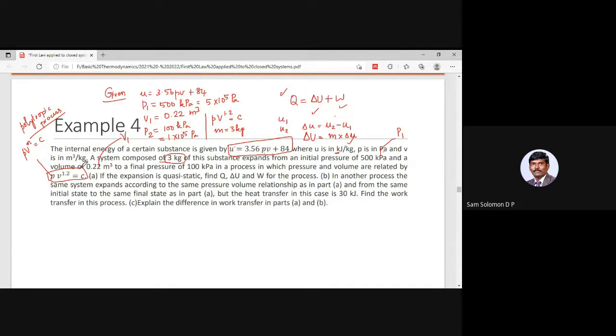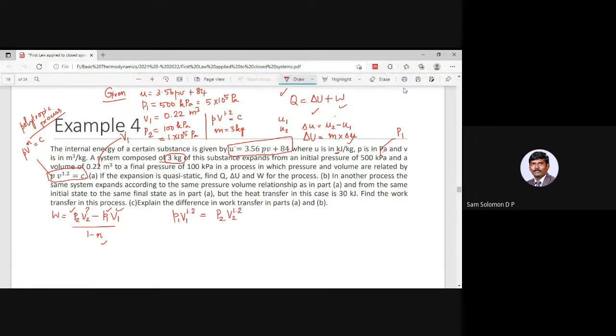Okay. So for W, we have to find P2 V2 minus P1 V1 by 1 minus n. What we don't know is this V2. We know the value of P2, we know the value of P1 V1, n is given as 1.2 from the equation, and what we don't know is V2. So we have to write P1 V1^1.2 equal to P2 V2^1.2.